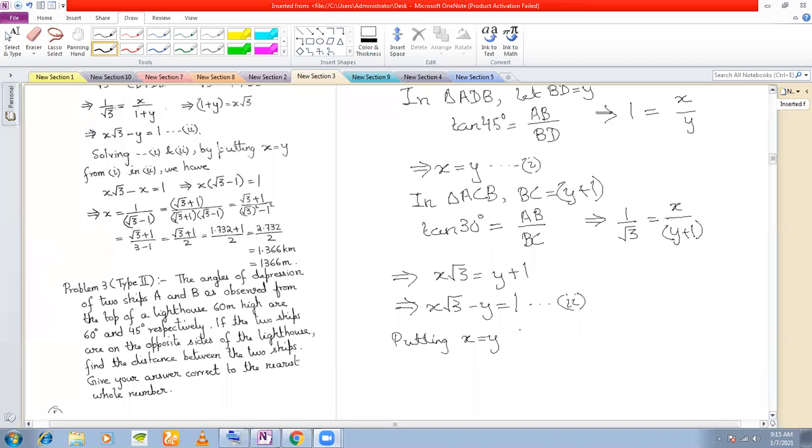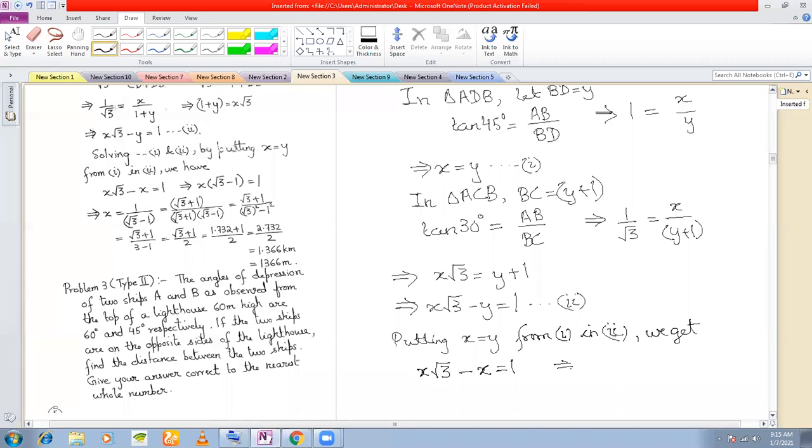So putting y is equal to x, leave x as it is.